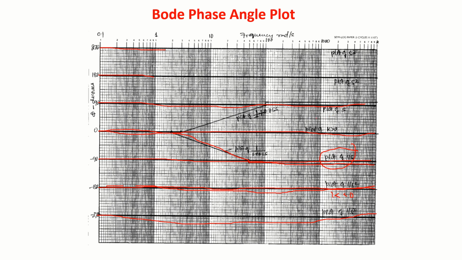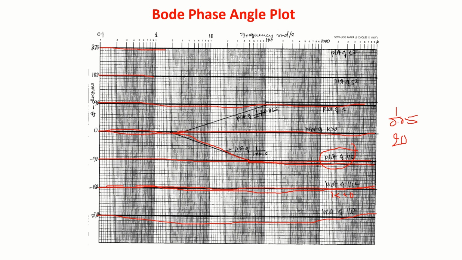Here, whatever example I have taken, 1.05 now. So I have taken 1 plus 0.05. 0.05 means break frequency is 20, right? So 1/5 of 20 is 4, up to 4 here.